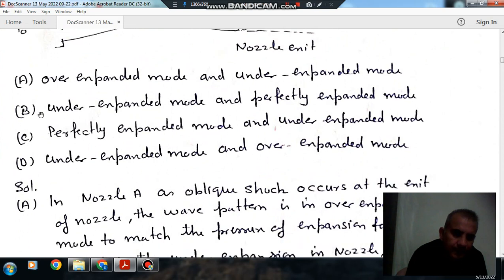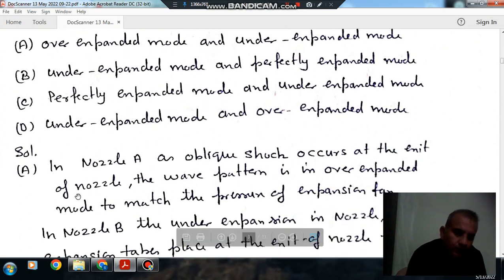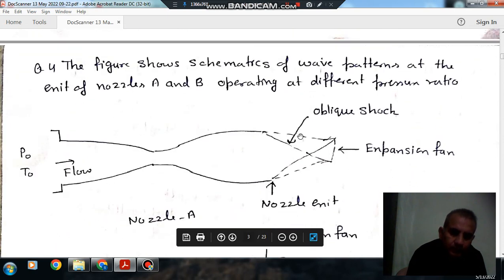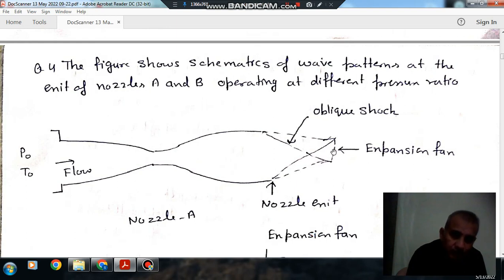Here the pressure is very less, so that it can match the pressure of the expansion fan. To match the pressure of the expansion fan, the oblique shock is existing.